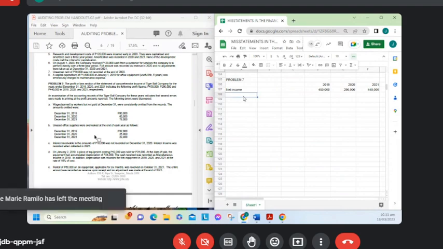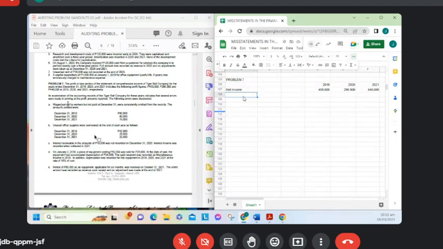Okay. So wages earned by workers but not paid at December 31 were consistently omitted from the records for the amounts, no, were as follows.